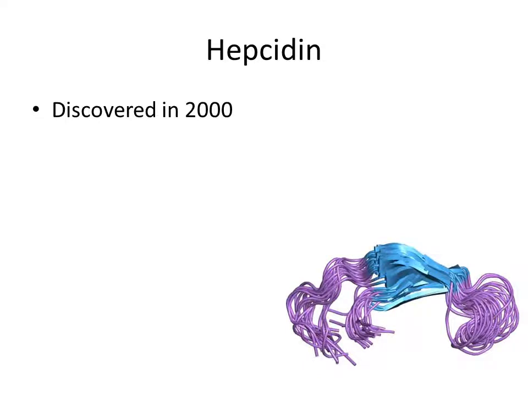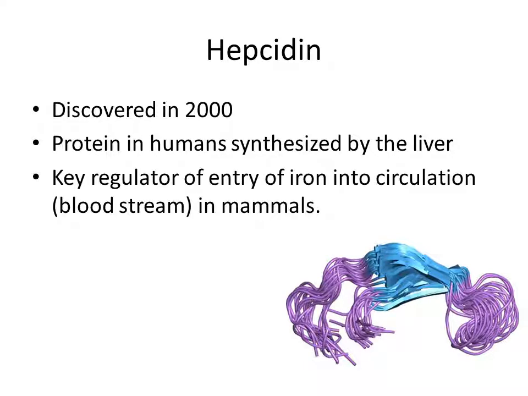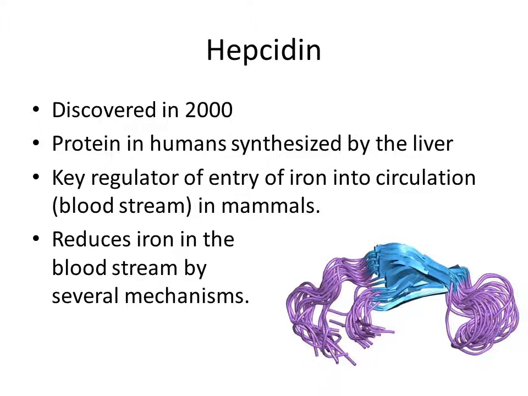Hepcidin was discovered in 2000. It's a protein in humans. It is synthesized by the liver. Interestingly, it's a key regulator of the entry of iron into the circulation or the bloodstream in mammals. So basically, there are significant iron stores inside of cells, but the iron needs to be able to leave these cells and go into the bloodstream, where it will then travel to the bone marrow, where it can be used as a building block to make red blood cells.